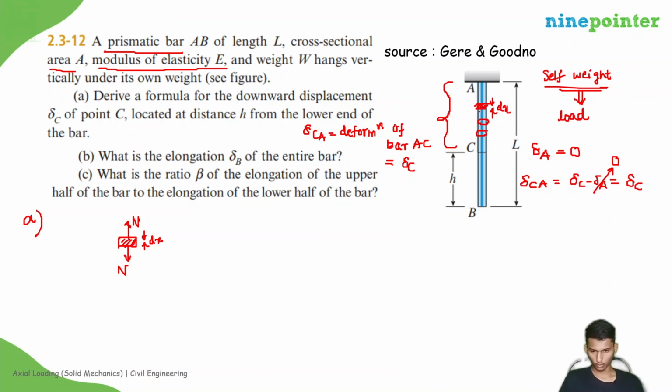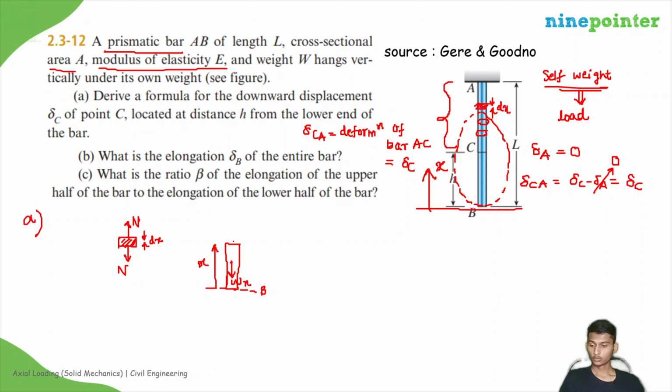If you take the lower portion, assume this is the origin and x is the distance from here. This is the lower end B. This is at a distance x, right? So this has some weight Wx.